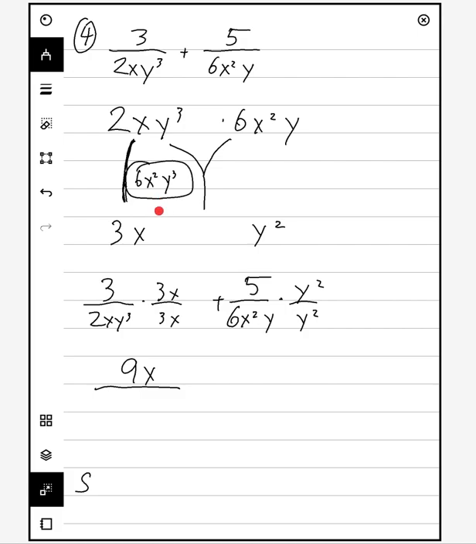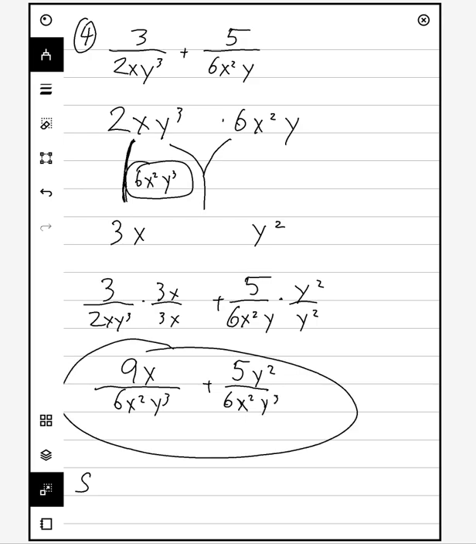So that is our denominator. So let's just bring that down here. 6x squared y cubed plus 5y squared over, same thing, right? That's our goal. So 6x squared y cubed. That's our answer.